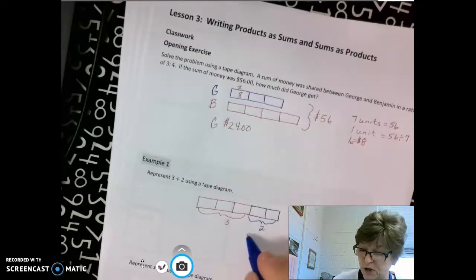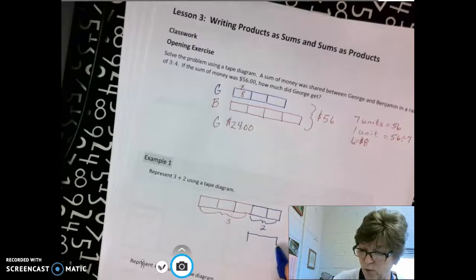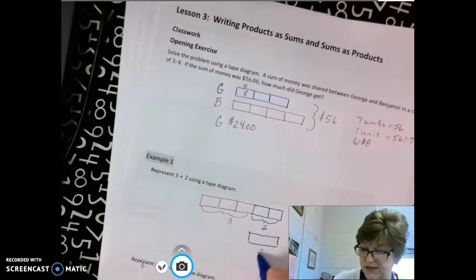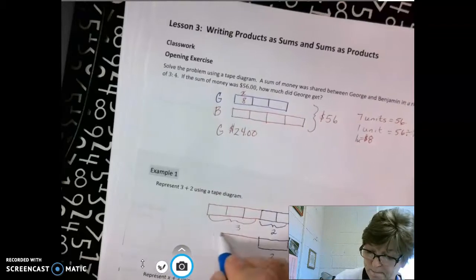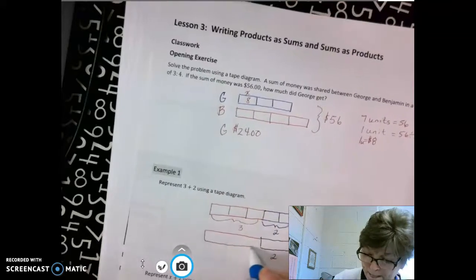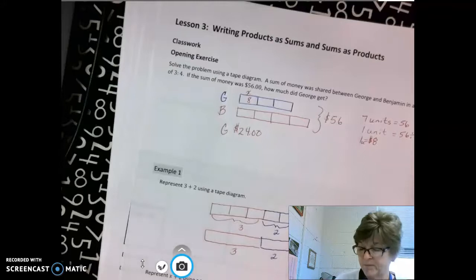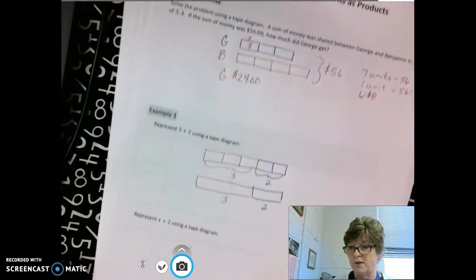We could also show it this way, without splitting the units and just identifying the size of it. So that is another option.